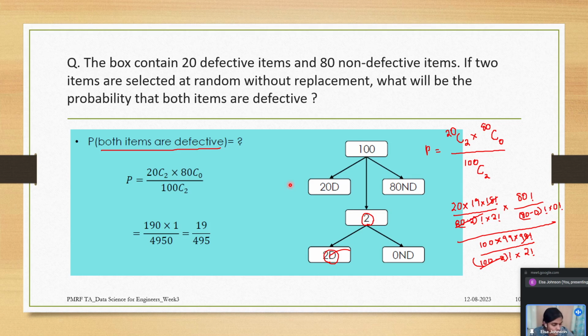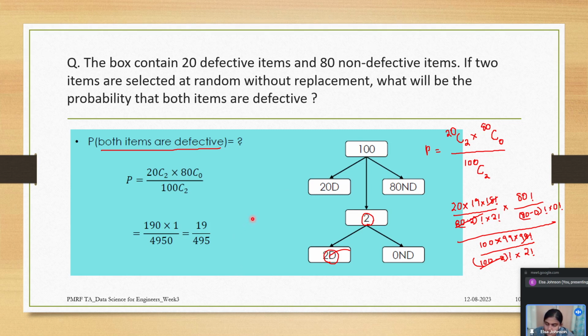Wait, I will just inform how it will be happening. Okay, 20 into 100, you are selecting it like that. Yes.